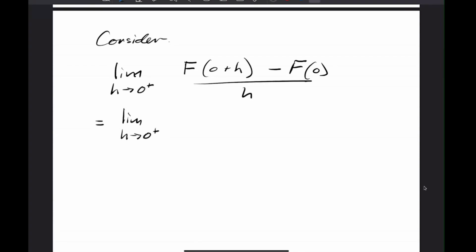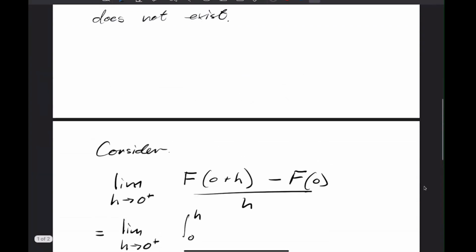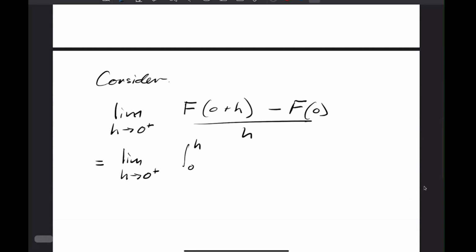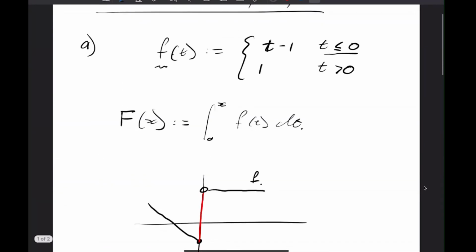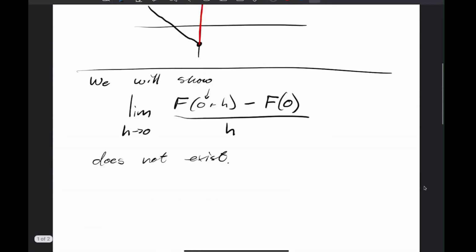Okay, and so that is the integral from 0 to h of little f, but since h is approaching 0 from the right, this value that we are substituting into big F is positive. And for positive values, little f takes on the value 1.